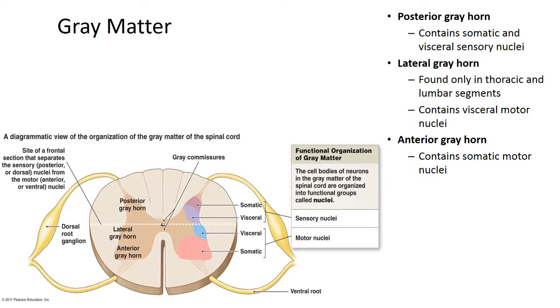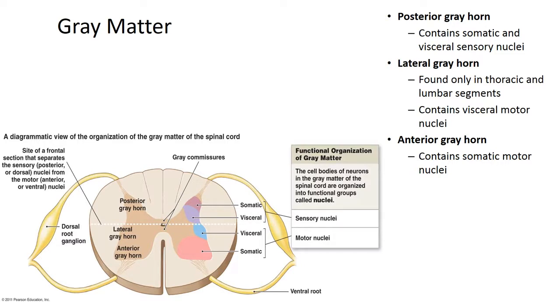The posterior gray horn contains somatic and visceral sensory nuclei. The lateral gray horn, which is located only in the thoracic and lumbar segments of the spinal cord, contains visceral and motor nuclei. The anterior gray horn contains somatic motor nuclei.